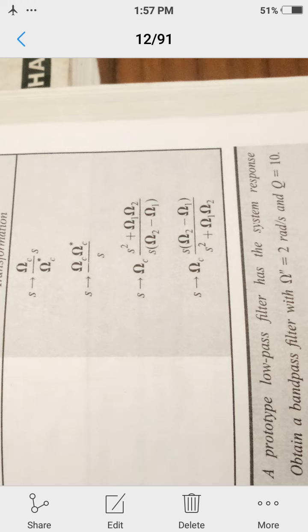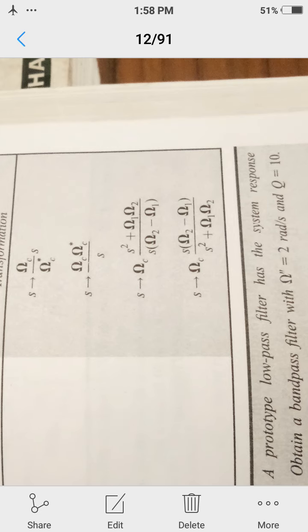By substituting, we have s equal to Ωc (s² + Ω0²)/(s Ω0/Q), as Ω1Ω2 is equal to Ω0², given in the question. Ω0/(Ω2 − Ω1) is Q, therefore we substitute here: Ωc (s² + 2²)/(s · 2/10). By solving this we get 5Ωc (s² + 4)/s.